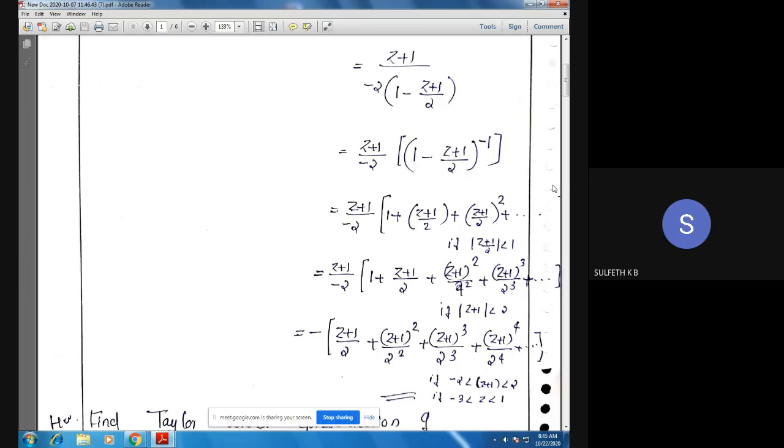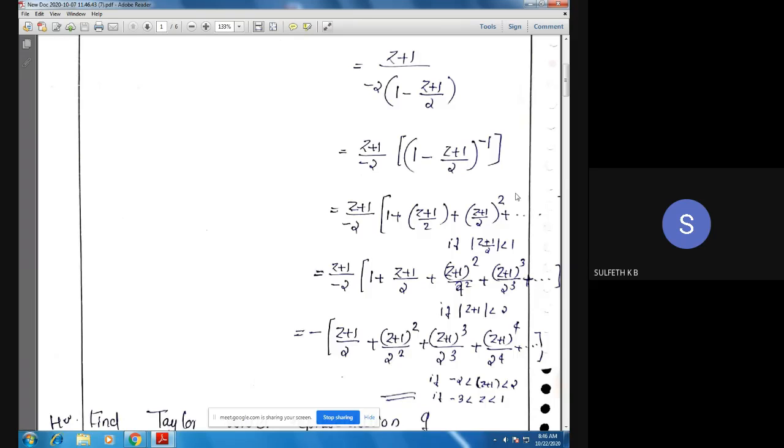If mod z less than 1, we have the formula for (1 minus z) raised to minus 1 as 1 plus z plus z square plus etc. Here in the place of z, we have the term (z+1)/2.